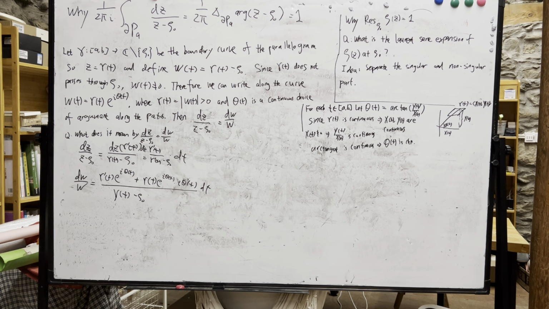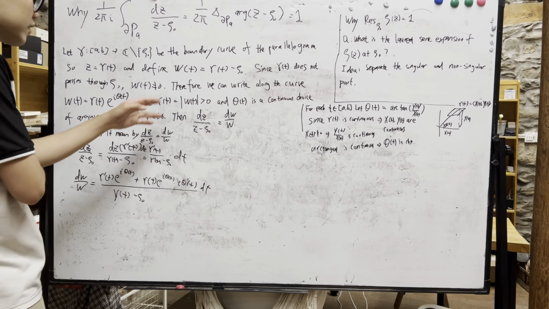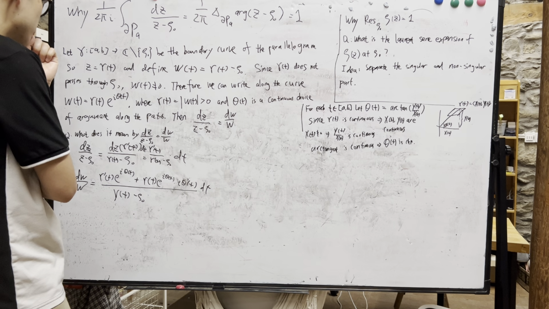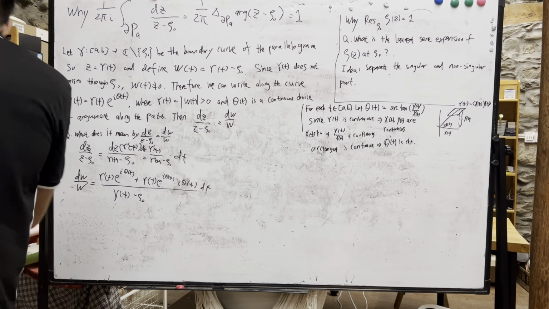Here we view omega as a function of t, right? So then d omega is just like df, right?